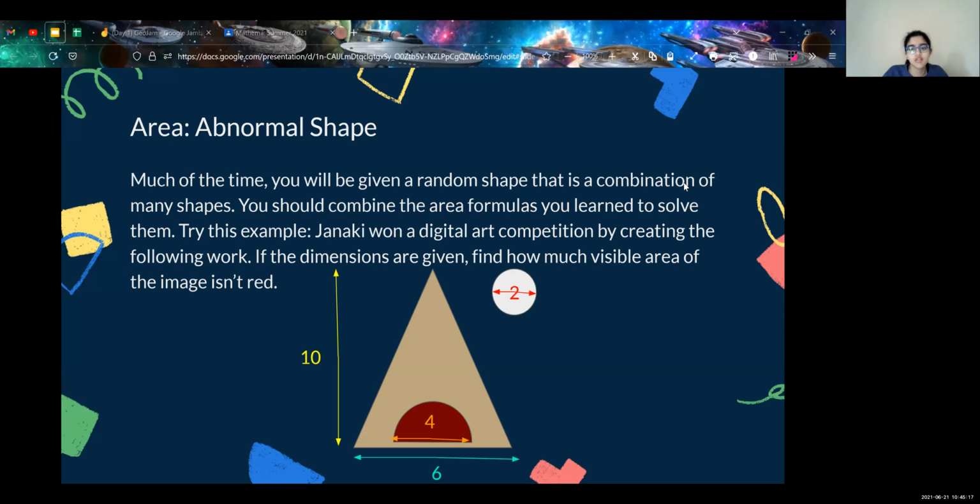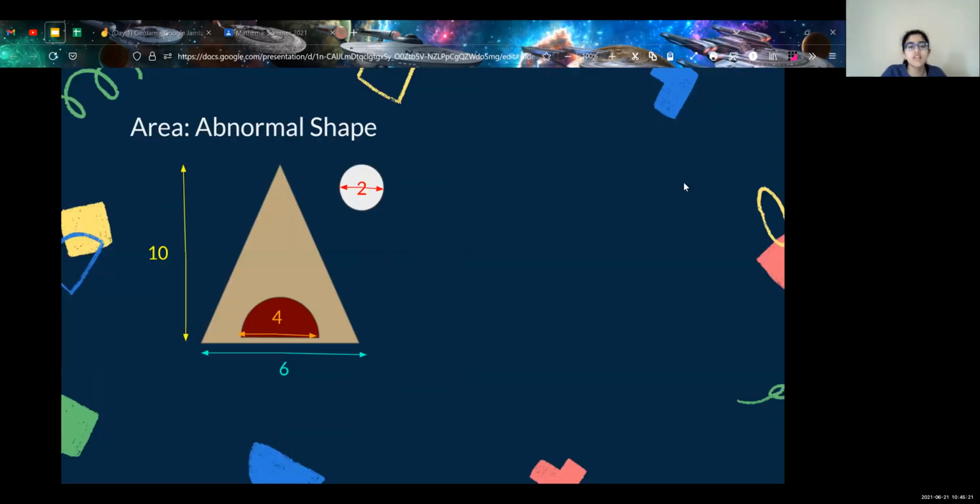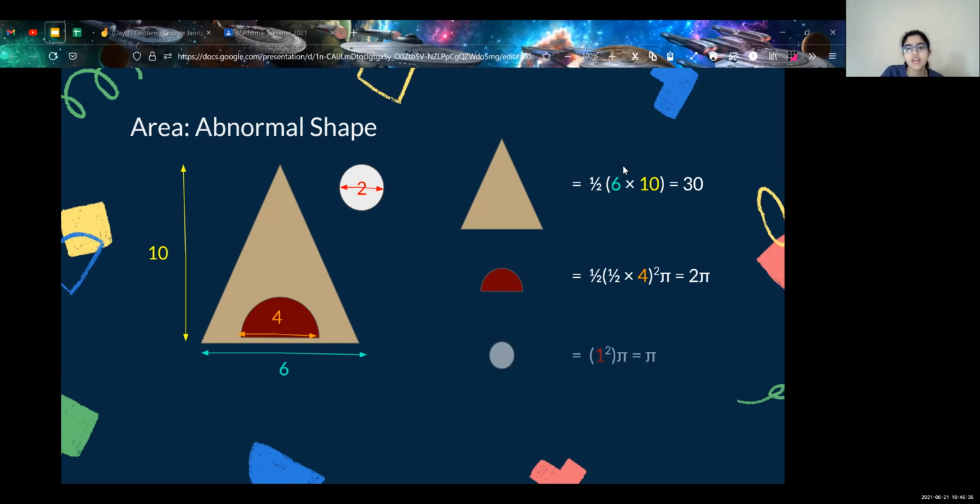I've seen at least 3 correct answers, so I'm just going to show the explanation. This is the shape. We take the area of the triangle, which is 30, the area of the half circle, which is 2 pi, and the area of the white circle, which is pi. We subtract the red half circle from the triangle, and then we add the white area.